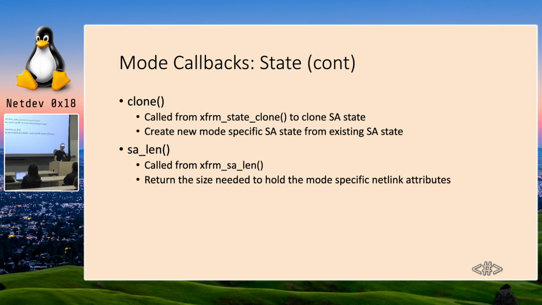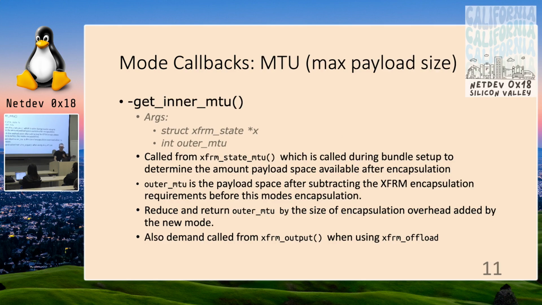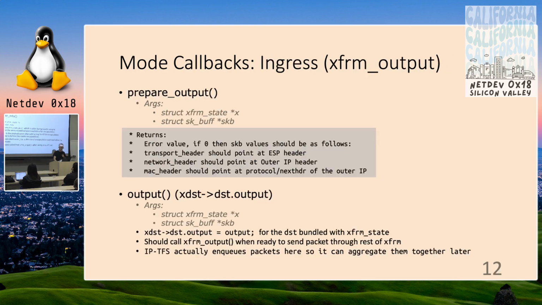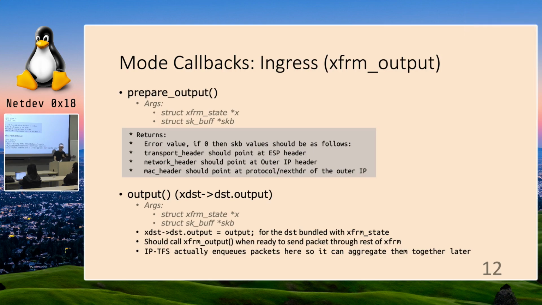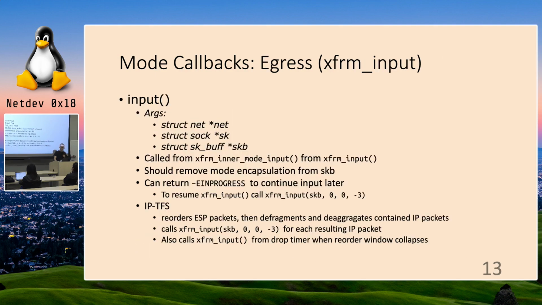Clone is for cloning an SA. SA length is used for that too. Get inner MTU is used to determine what the inner MTU is. And then these functions are called during output, basically to implement a mode.